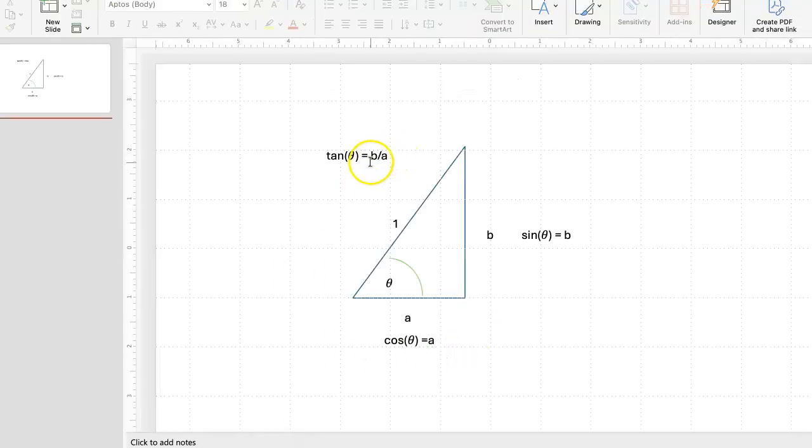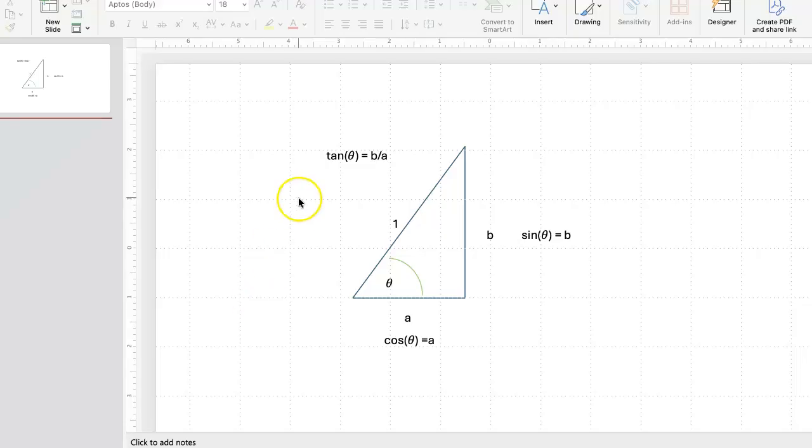X in this case is b over a. Right? X is b over a. And so we know the side associated with the cosine of the angle theta is side A. So cosine theta is A. We need to get to an expression that gives us b over a, expressed so that we can actually evaluate this cosine term.